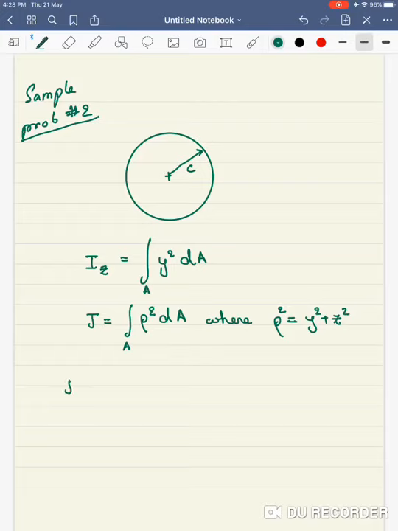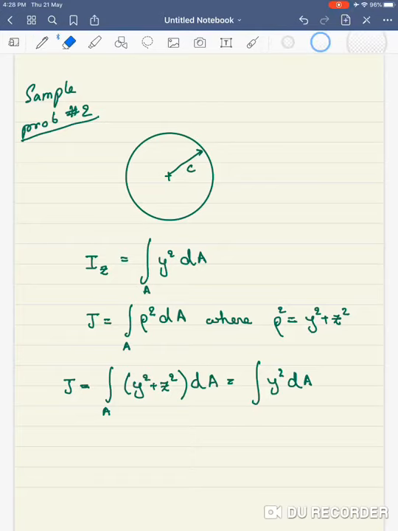So I can rewrite J as the integral over A of y square plus z square dA, and this obviously breaks up into a summation of two integrals.